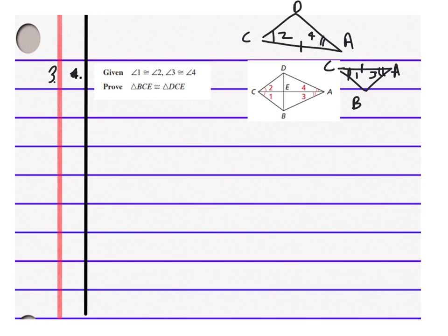So I'm going to try a paragraph proof for this one, just to see if we like it. So I'm going to say triangle CDA, that's the big one that I drew up there, is congruent to triangle CBA using the ASA theorem.